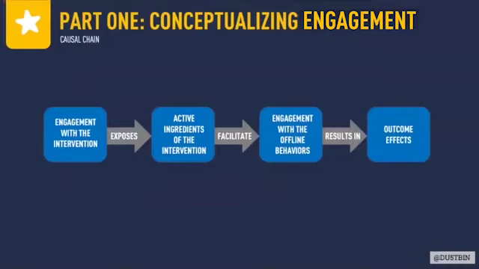So when we think about on the left, engagement of the intervention exposes the active ingredients of the intervention. Those are all the components that you've worked to design to include that are aimed at changing offline behaviors, right? So those active ingredients, the behavior change techniques, facilitate that engagement with offline behaviors, and that leads to outcome effects.